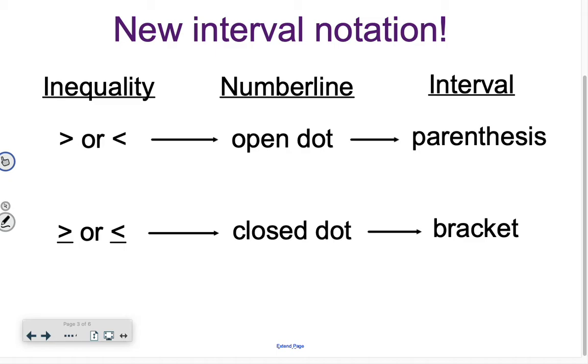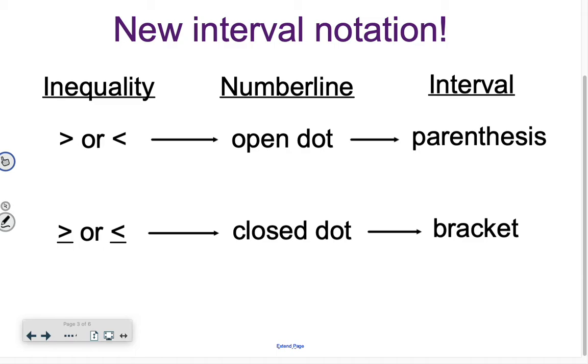When you are including your answers, greater than or equal to, less than or equal to, then you put a closed dot at that value on the number line, and you put a bracket in interval notation. The bracket means that you're including that value. Okay, that's the mathematical notation for this.